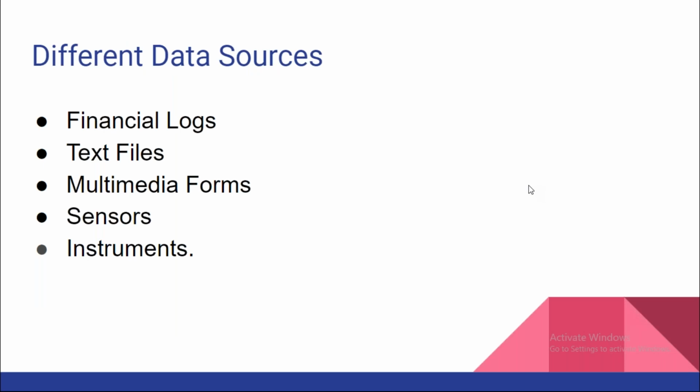So what are the different sources? You might have this question in your mind: what are the different sources where the data is being generated? As I said before, it could be financial logs, text files, multimedia, sensors, and different electronic and electrical instruments that generate data, IoT devices, that sort of thing.